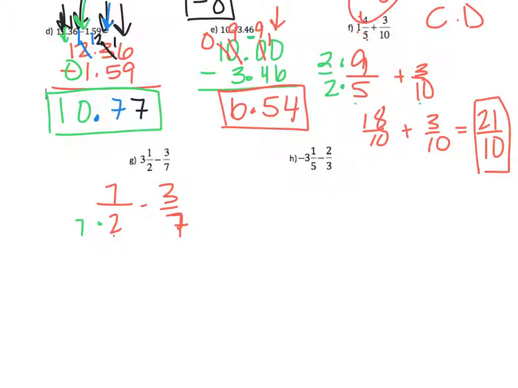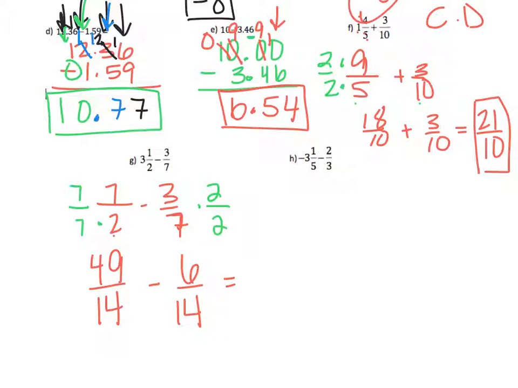This one I'm going to multiply by 7 over 7, and this one by 2 over 2. This is 49 over 14 minus 6 over 14. 49 minus 6 is 43 over 14. Go ahead and leave it as an improper fraction. No need to turn it into a mixed number.